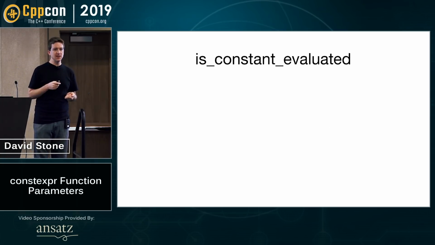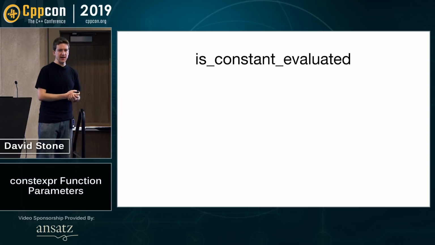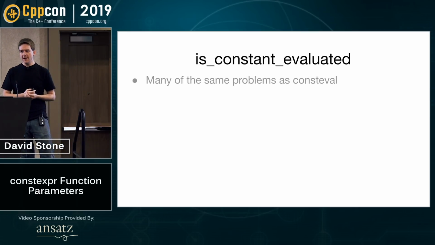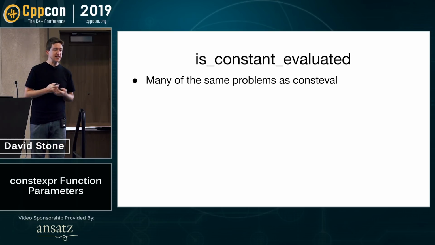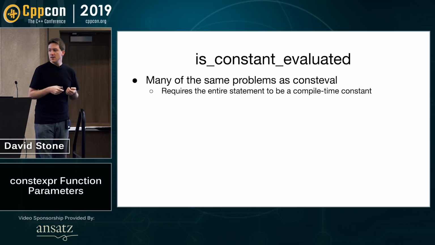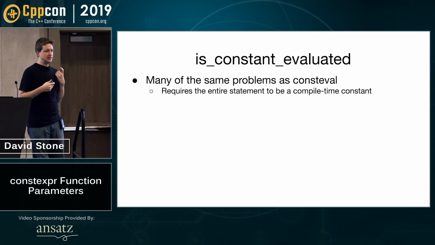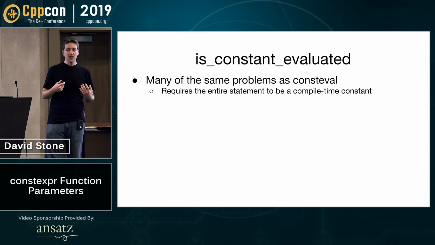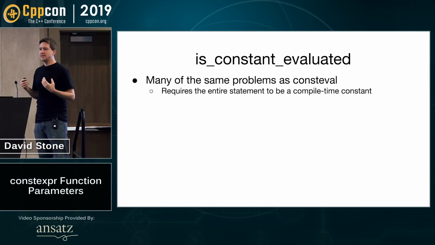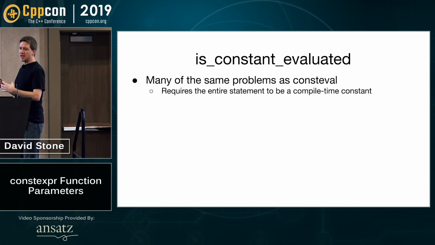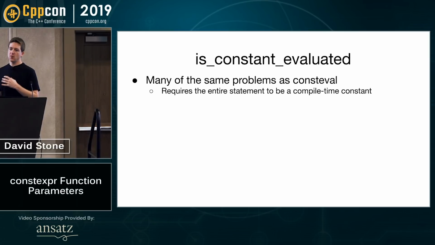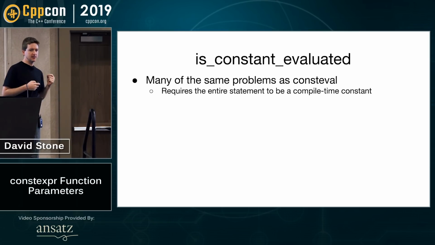So, is_constant_evaluated? This kind of gets back to your question a bit. It has many of the same problems as consteval because it requires the entire statement to be a constant expression, a compile time constant. So is_constant_evaluated is saying, am I using this code in a context that requires a compile time constant?